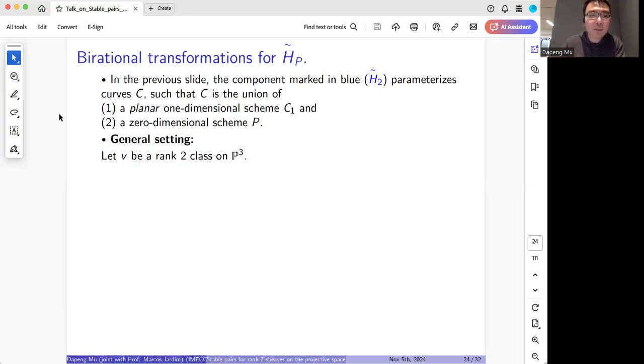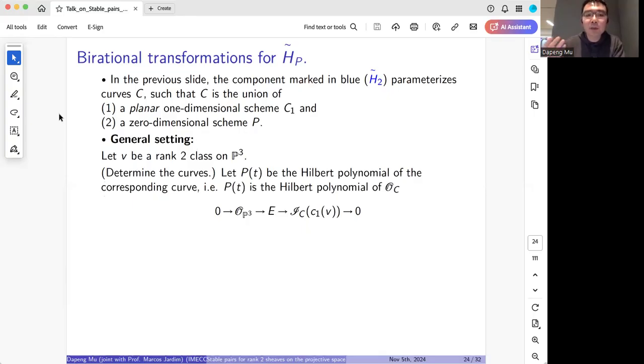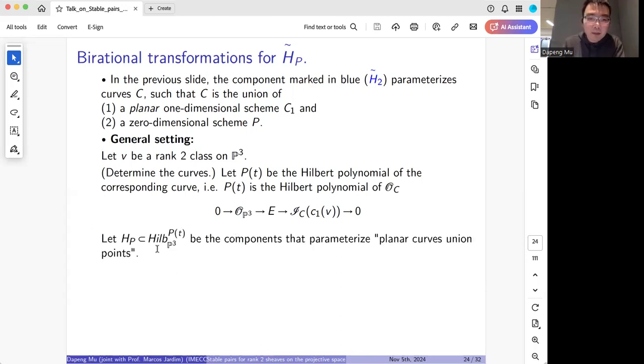Let me start with some more general settings. I start with some rank 2 class on P3, and then I will determine the curves. The curve is given by the sequence. In particular, I require the C1 to be positive. Correspondingly, I have a curve, and I let P be the Hilbert polynomial of such a curve. And then we look at the Hilbert scheme. There's always this component or components that parameterize planar curves union points.